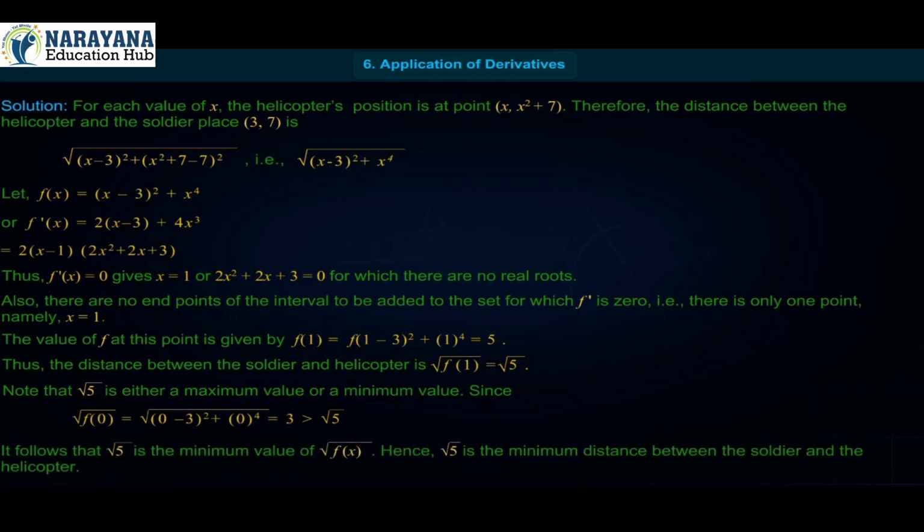It follows that square root of 5 is the minimum value of square root of f of x. Hence, square root of 5 is the minimum distance between the soldier and the helicopter.